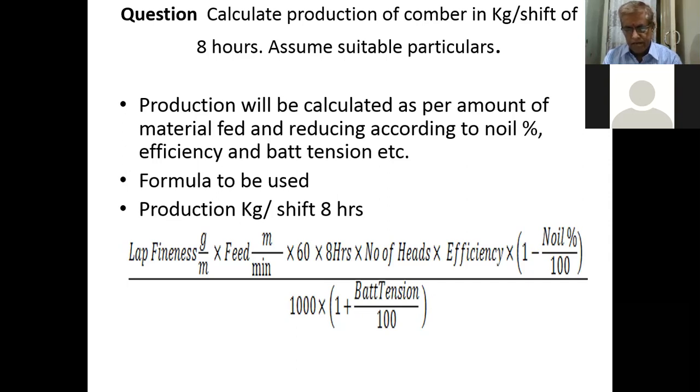And bed tension. Why is bed tension to be taken? Because the lap fineness that we are taking is in grams per meter. But in Comber, we are applying tension to the lap sheet also.